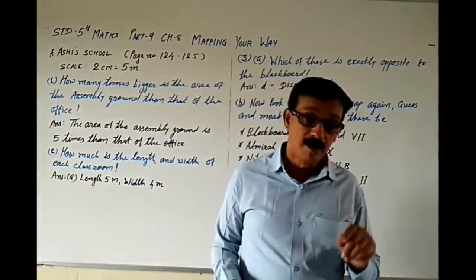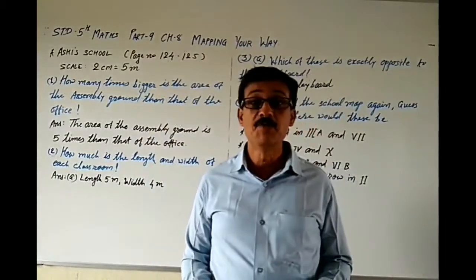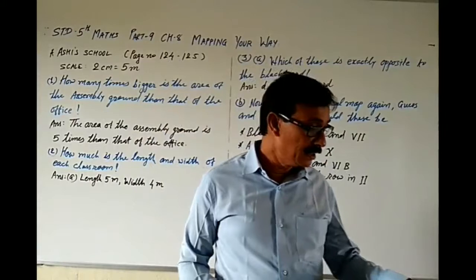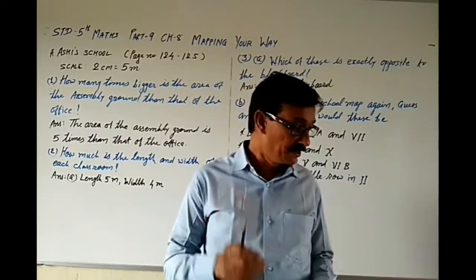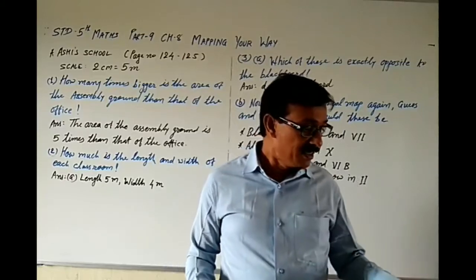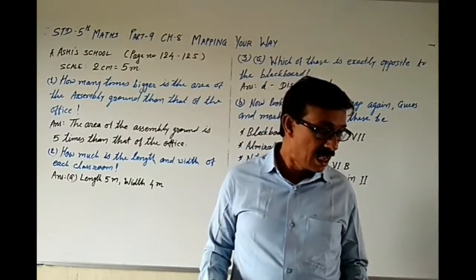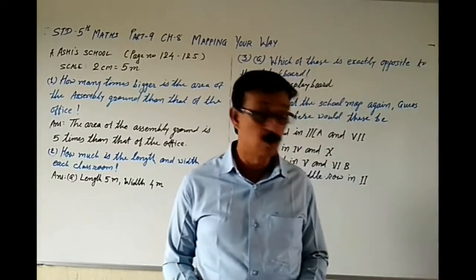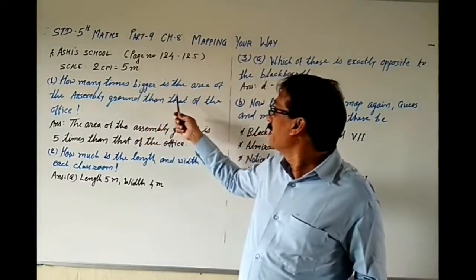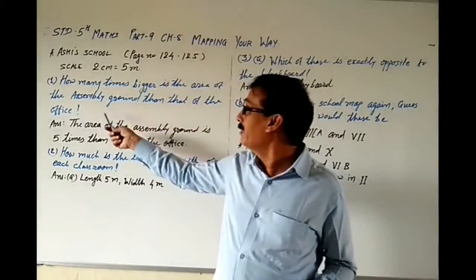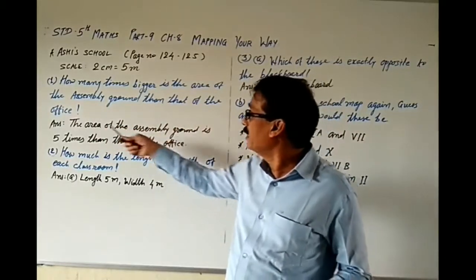Okay, now let's go for some questions. On page number 125, you can see: use these squares to find out. The first question is: how many times bigger is the area of the assembly ground than that of the office?